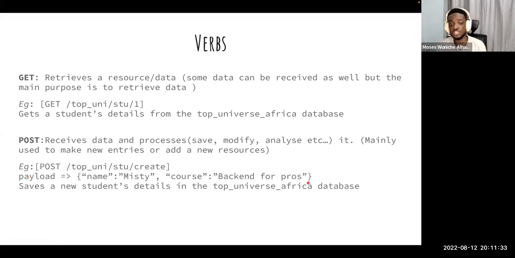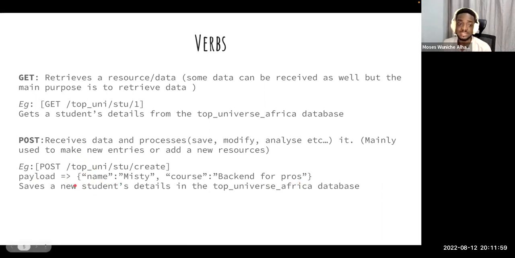So with a POST request, we also include something that's referred to as a payload. When I say we, I just mean developers or backend engineers mainly. So you include a payload which is in the form of JSON. This is just a rough example, something like the name and the course. And we send that to the endpoint.